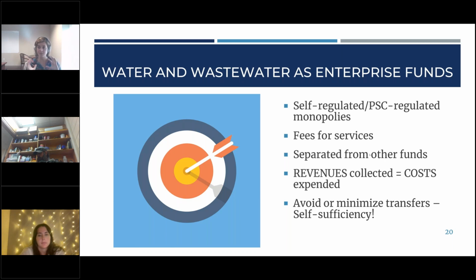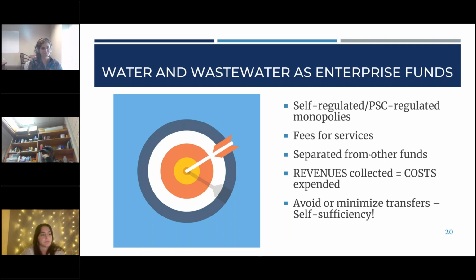It's a separate fund that's just associated with whatever utility or service we're talking about. We charge fees or rates for those services. And then the idea is that it's self-sufficient. Again, the revenues collected reflect the costs associated with providing that service, so we don't have to transfer funds. The funds associated with that enterprise fund are reflective of the funds that we need to run the system.